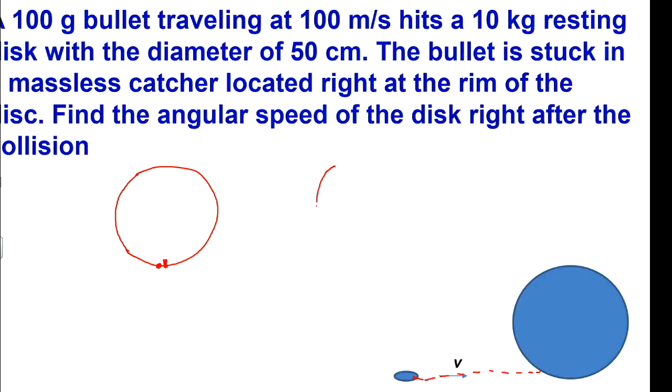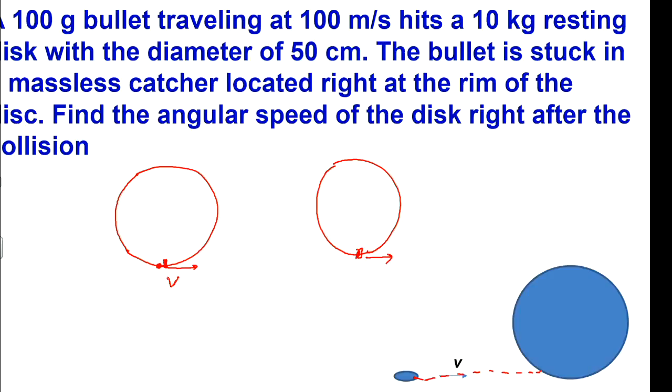And then right here, right now, the bullet is in the catcher. We used to have a very similar situation. We called it the ballistic pendulum. This device also can be used to measure how fast a bullet can travel. So it was traveling like this. And now they travel together.